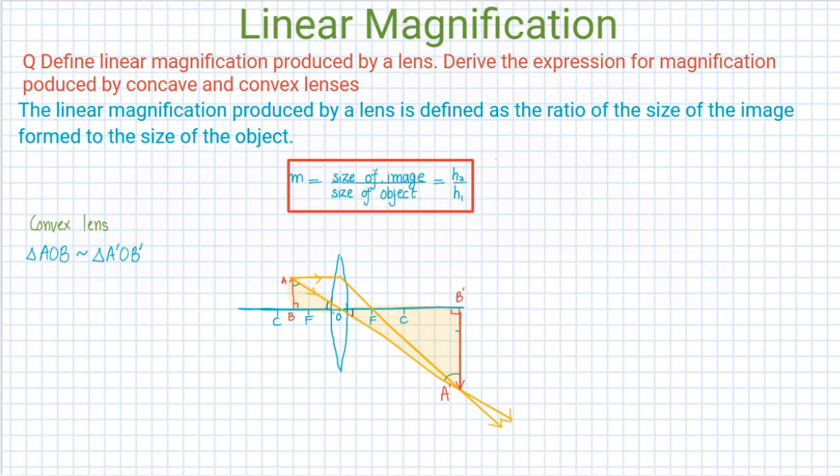Now, if these two triangles are similar, then the ratio of the corresponding sides should also be similar. So let us consider this angle, the vertically opposite angle. Fine. So I've written triangle AOB is similar to triangle A dash OB dash.